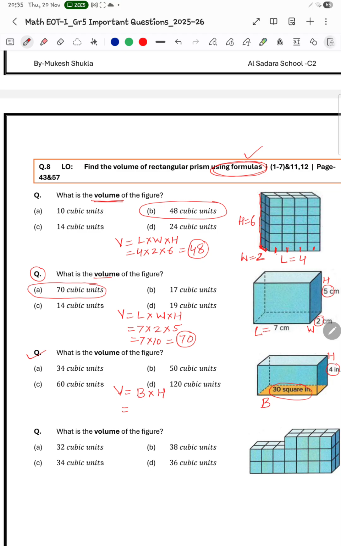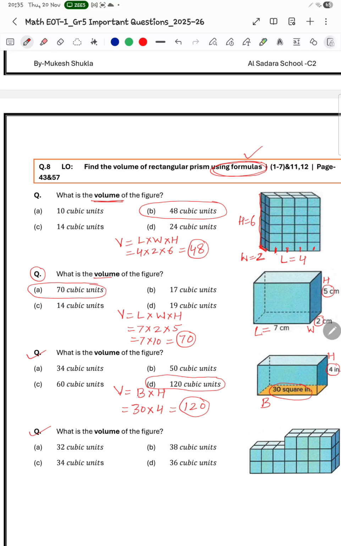So here just plug in the values and get your answer. So base area is 30 and height is 4. If you multiply together, you will get 120 cubic units. So option D is the correct choice. Quite easy. Let's move on to the next.